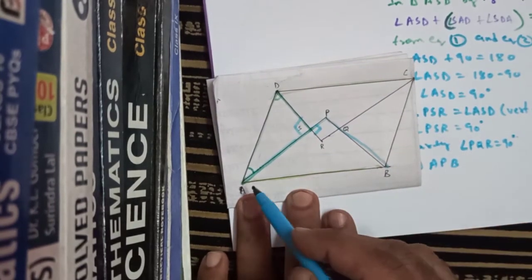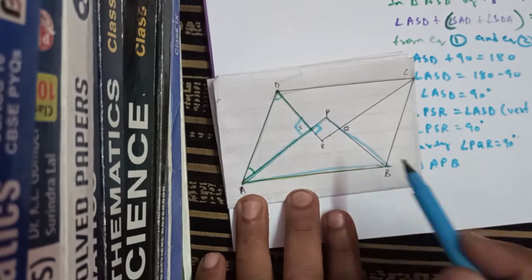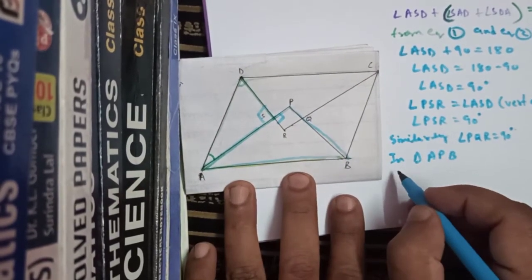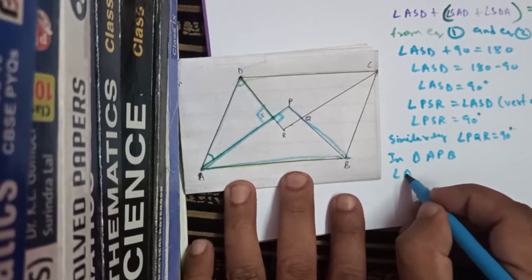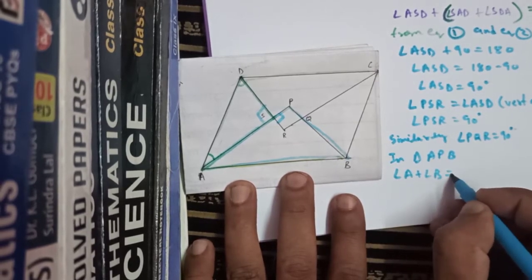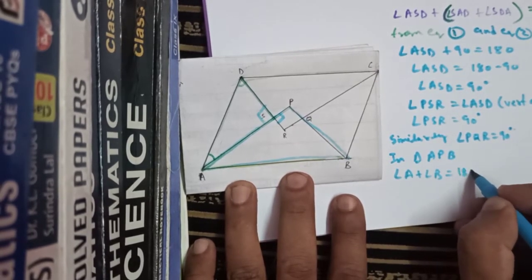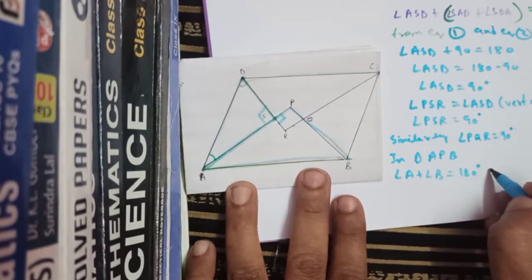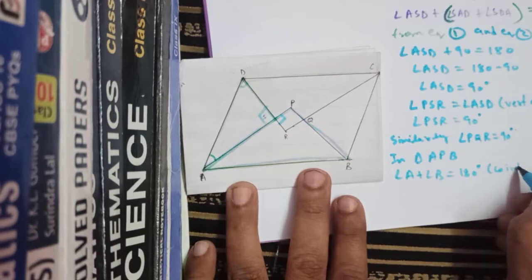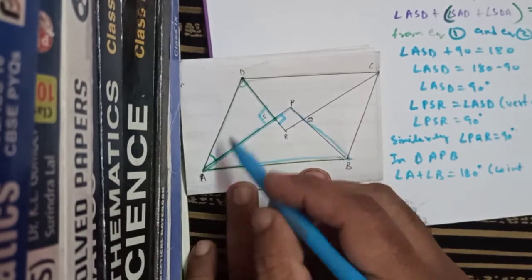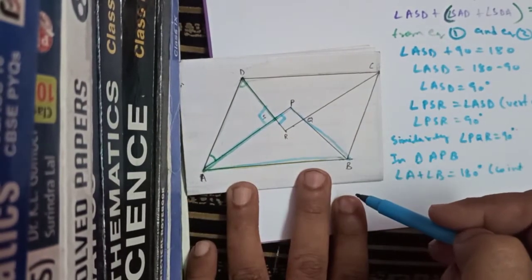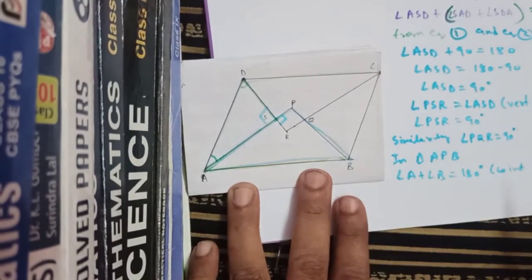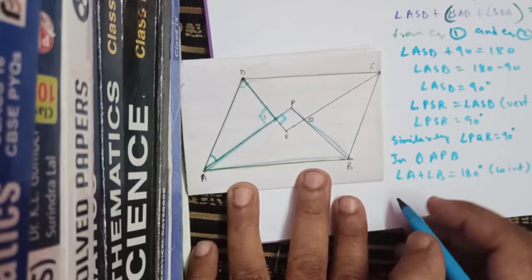In triangle APB, again we can say that angle A plus angle B equals 180 degrees because they are co-interior angles: AD and BC are parallel lines, AB is the transversal, so angle A and angle B will be consecutive interior angles.